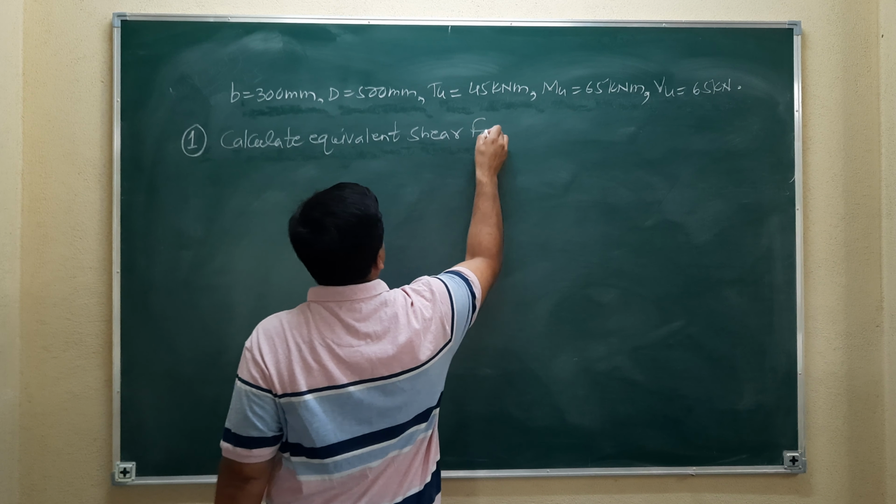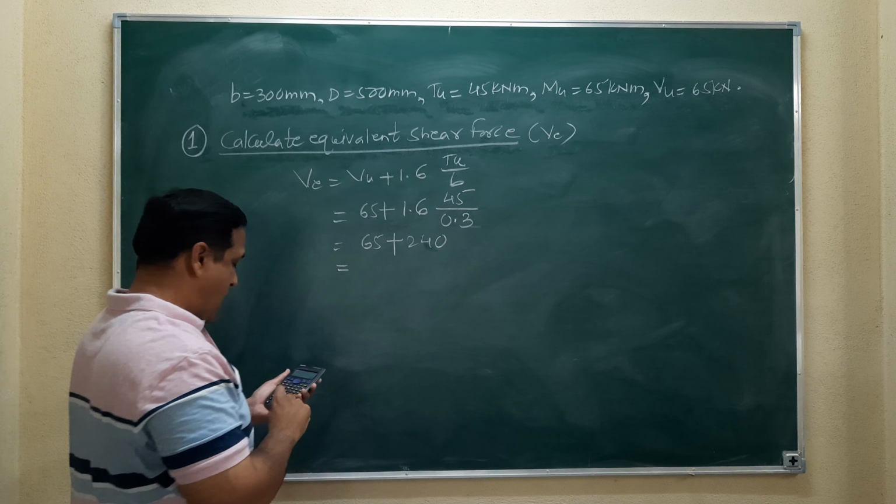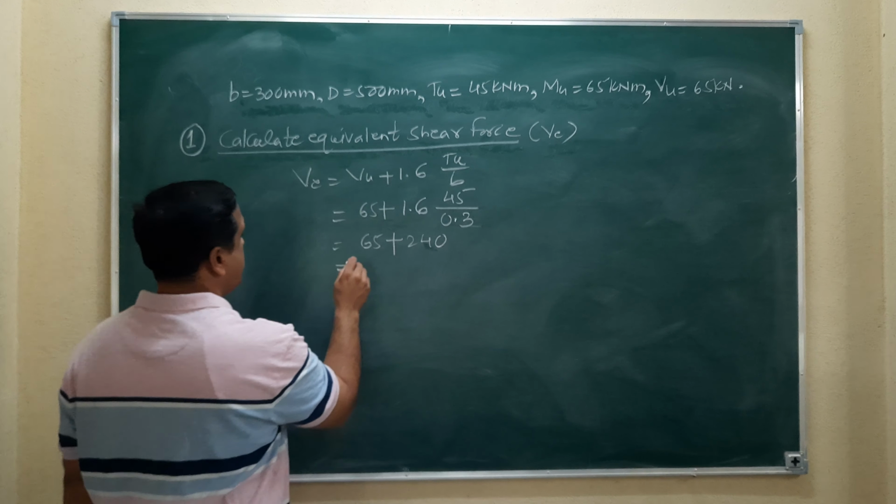So it is 45 divided by 0.3 into 1.6. This value is 240. If you add this, you get 305.